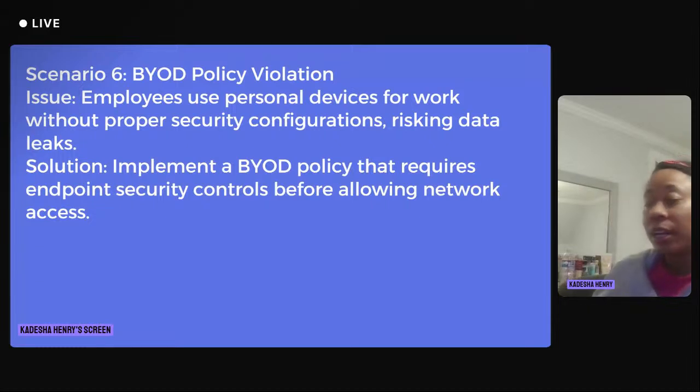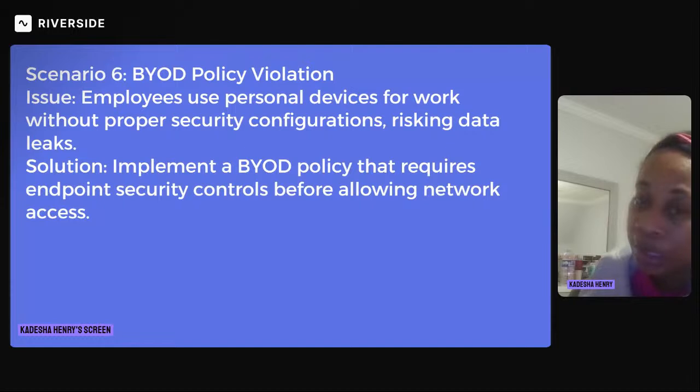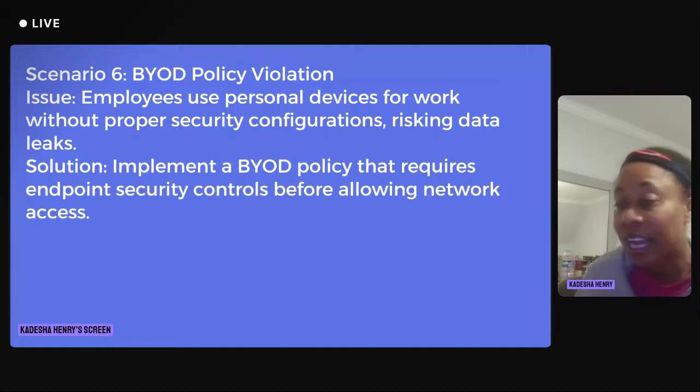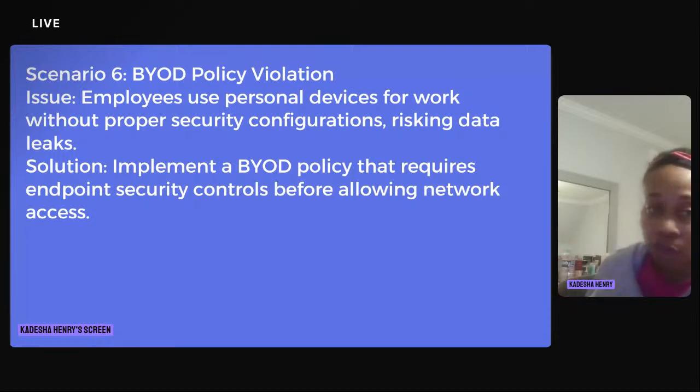If you're going to bring your device, there have to be some rules and regulations that your device has to undergo before it connects to our network. Because yes, it's yours, but if you're going to use it, these are the policies. These are the requirements that we have that you must follow.